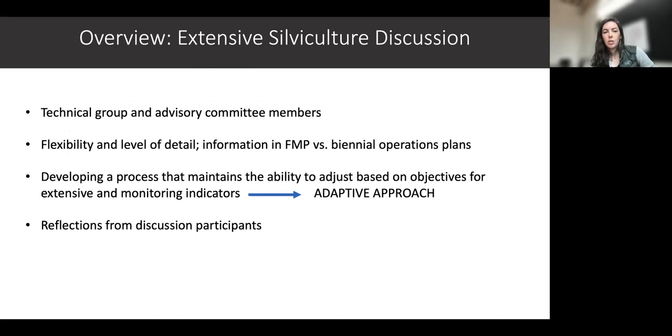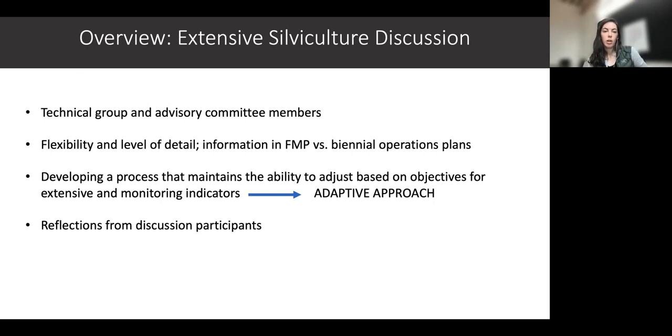Next, I just wanted to touch on a discussion that came out of the September 7th advisory committee meeting. There was a really good discussion about level of detail in the forest management plan. This came up specifically around extensive, but also applies to many sections of the forest management plan.